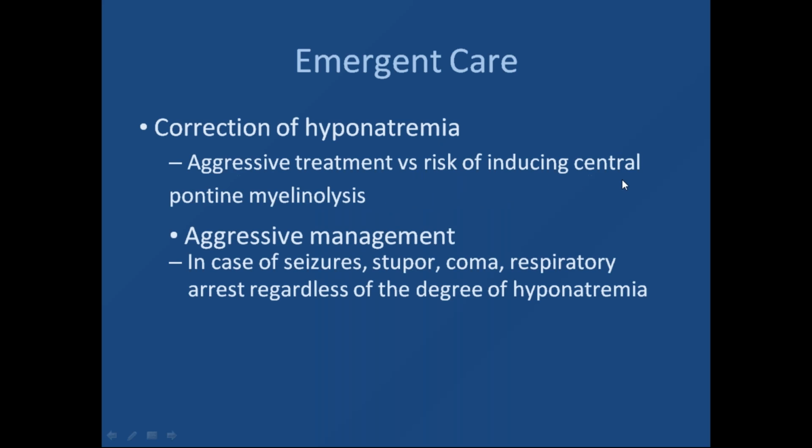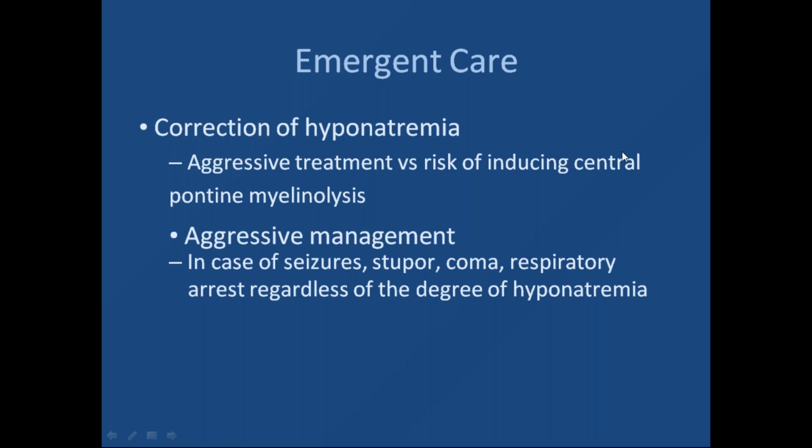increases the risk of inducing central pontine myelinolysis, which leads to paralysis of all four limbs. Because the pons is the center, it causes dysarthria, dysphagia, and quadriparesis. So we have to prevent it. It is very important in case of hyponatremia.